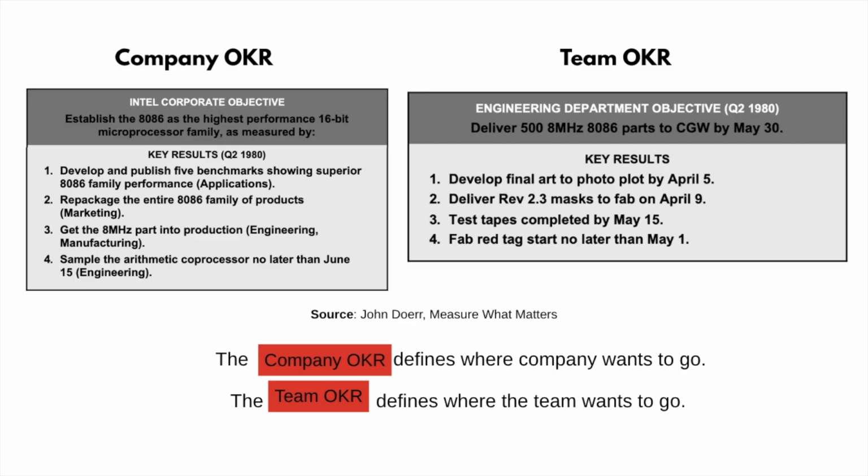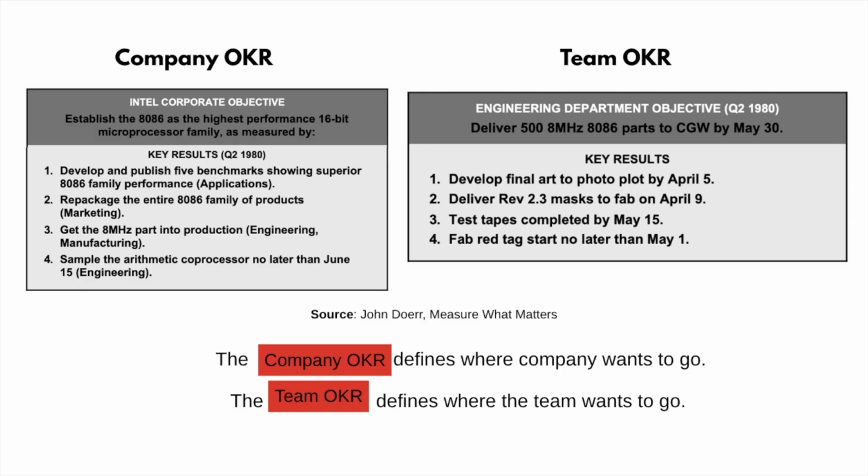Their goal is not to win the market. Their goal is to deliver 508 megahertz 8086 chips to CGW by May 30th. This is more practical, more operational, more about execution. So what's happening here? The company OKR defines where we want to go. The team KR supports what exactly we must do to get there.